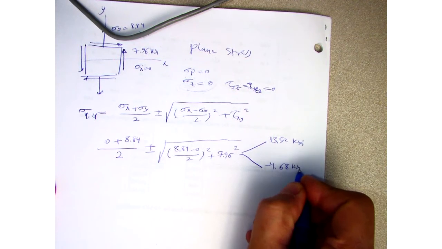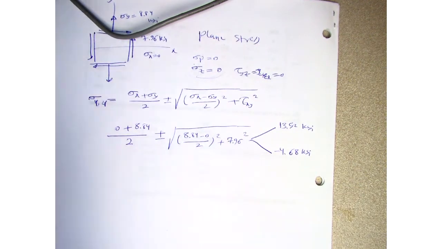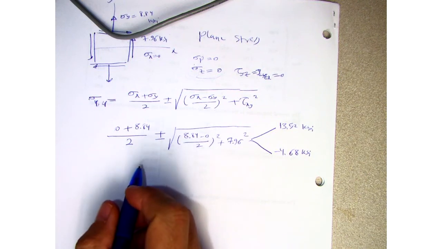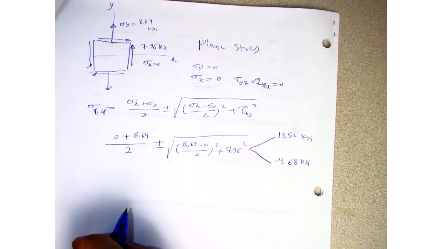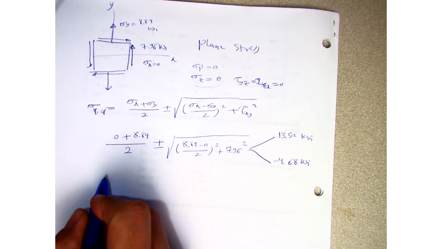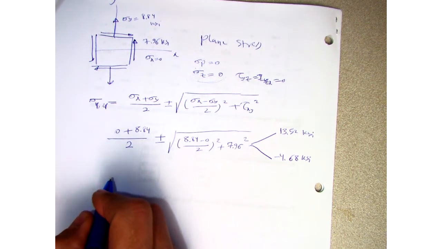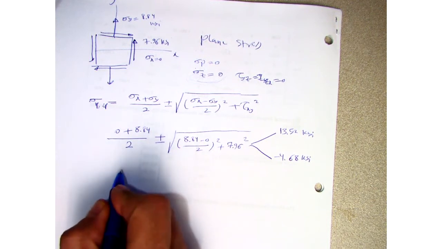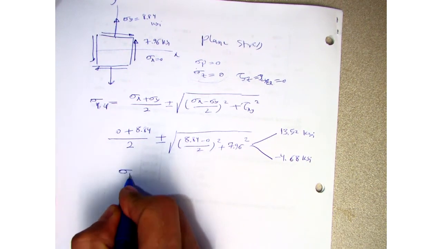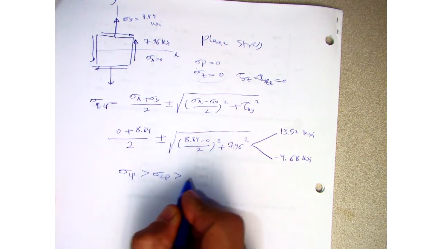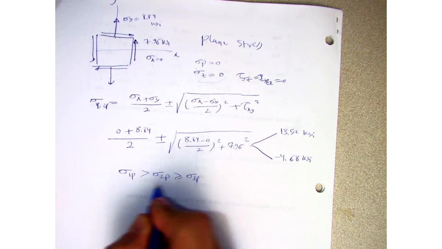All right, for failure analysis, you remember from 209 that the failure theories are organized based on three principal stresses. So to use those formulas, the failure theories, we need to sort the stresses like this: sigma 1p, which is larger than sigma 2p, and then that one is larger than the third one.